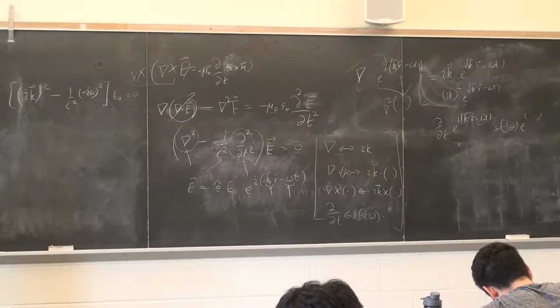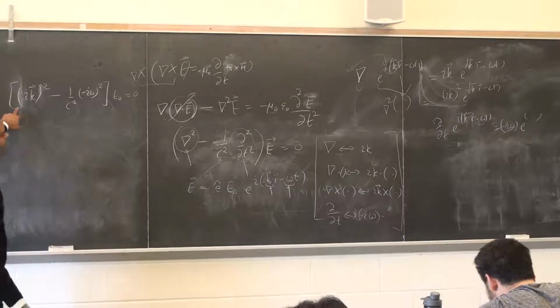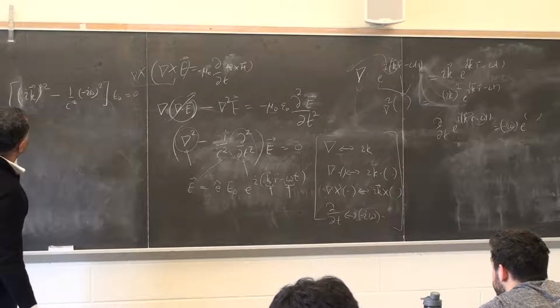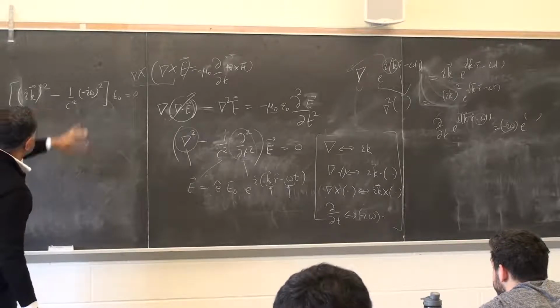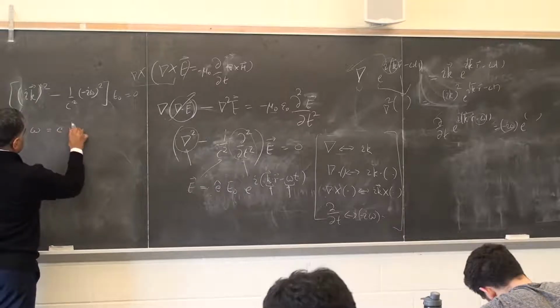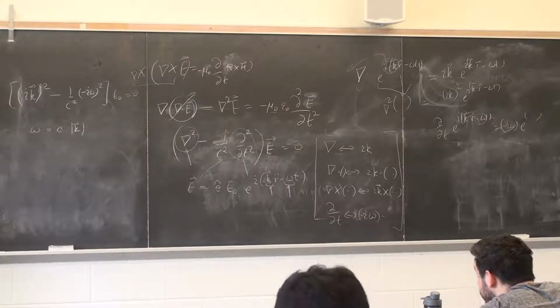And from here you can see I get omega is c times k, because my electric field amplitude is not 0. If it's 0, there's nothing to talk about, there's no light.